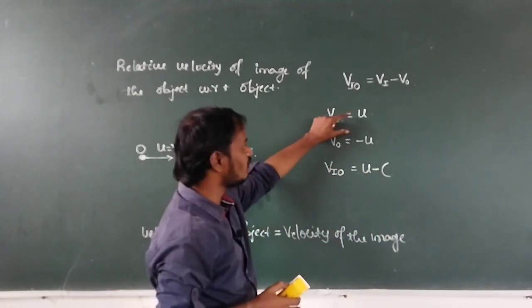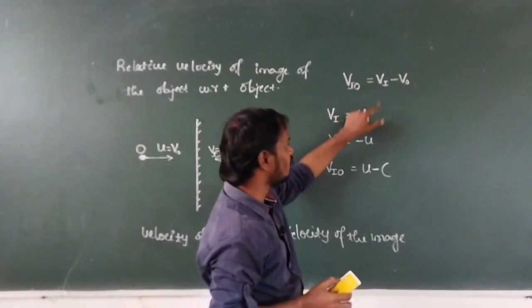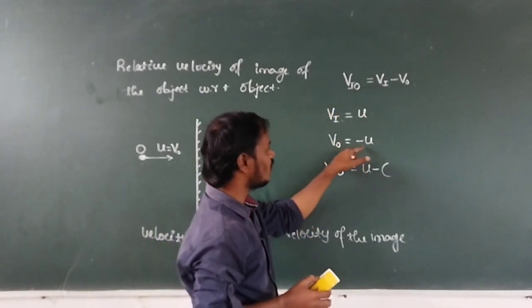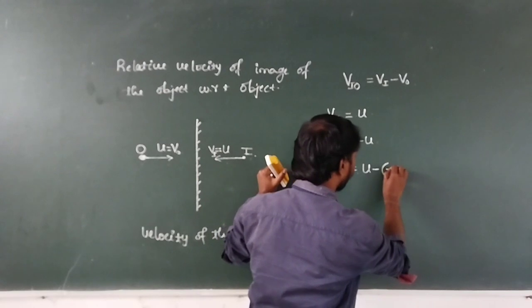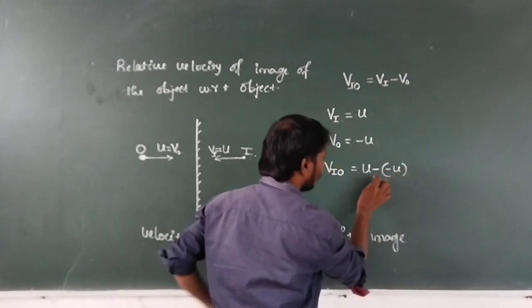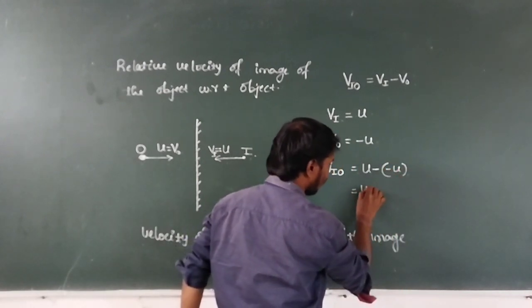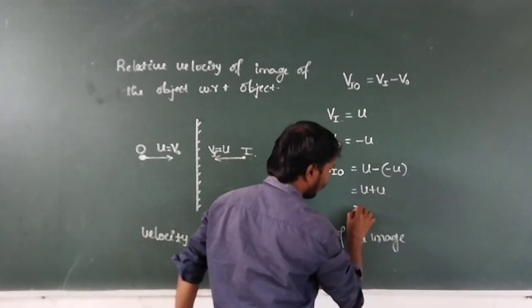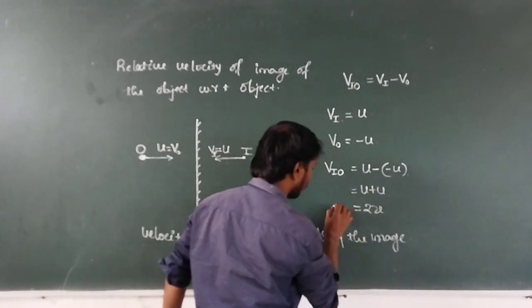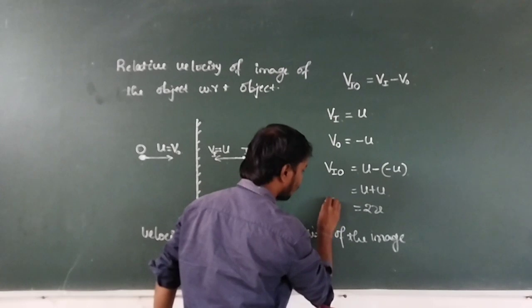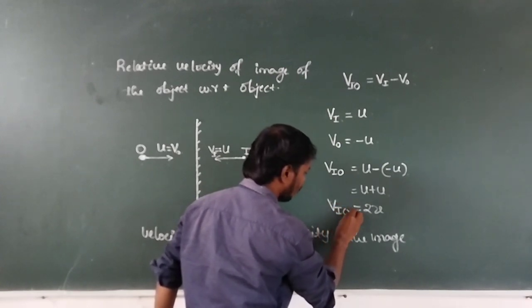The velocity of the image is plus u, and the velocity of the object is minus u. So minus into minus is plus, that is u plus u, 2u. This is 2u, the velocity of the image with respect to the object.